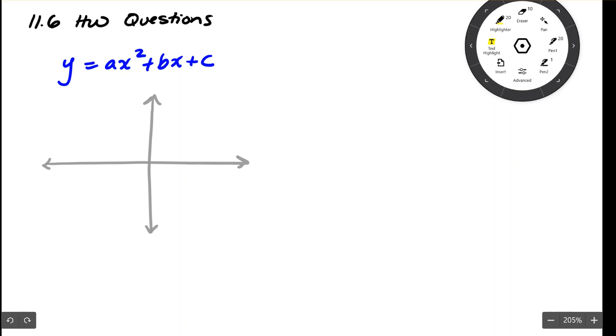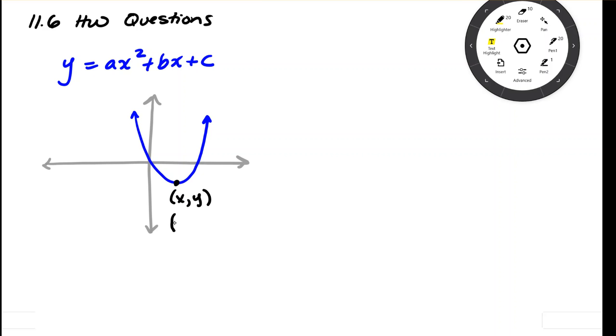They're what we call a parabola. The vertex is an x comma y. The x coordinate will always be negative b divided by 2a, and you have to go plug in to find y.